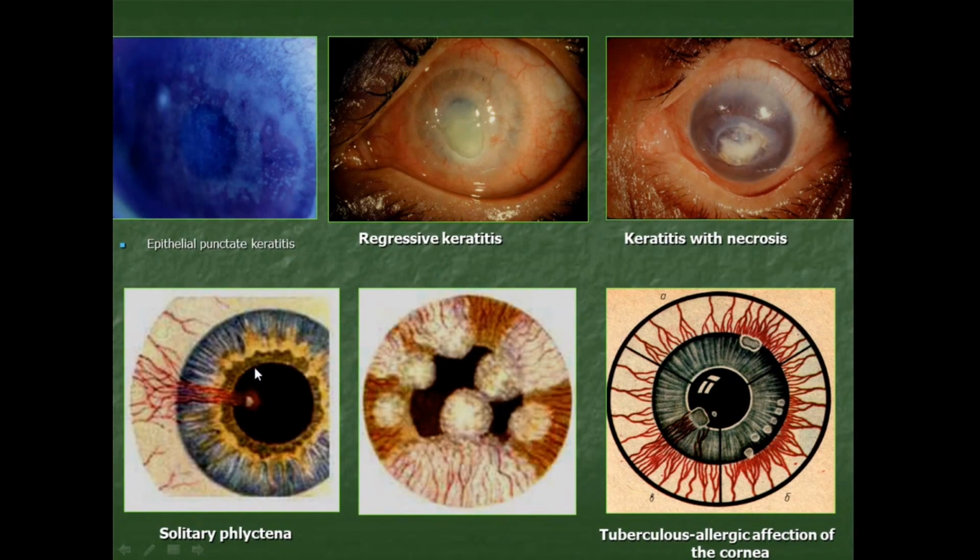Here you can see the example of tuberculosis keratitis. For the tuberculosis keratitis, very typical clinical picture. You can see phlyctena and you can see neovascularization to this area.